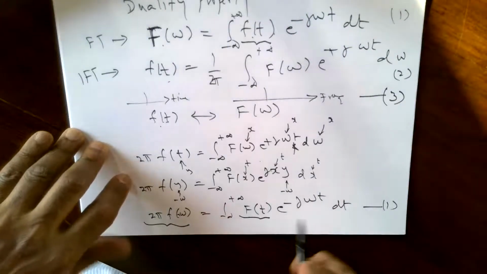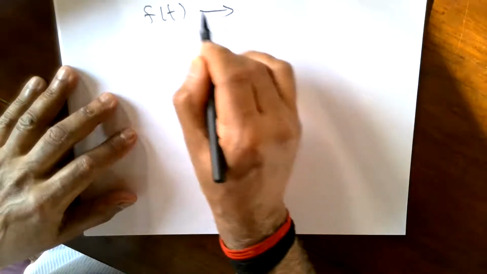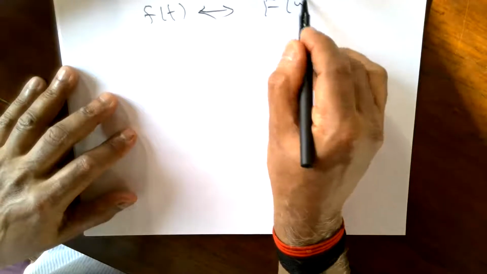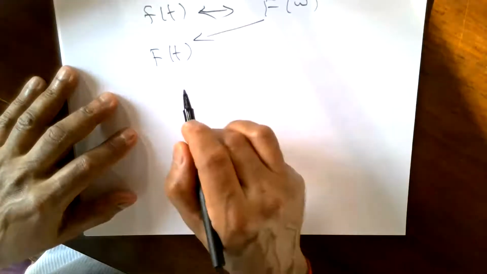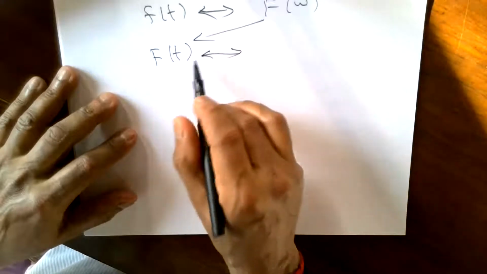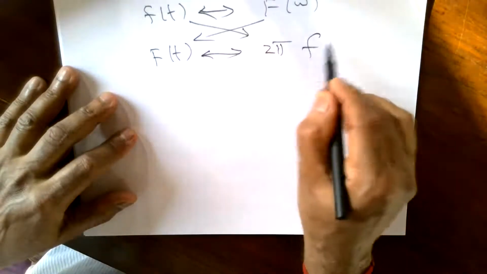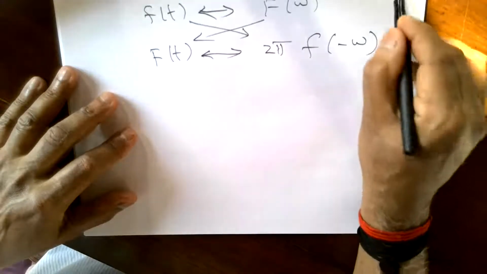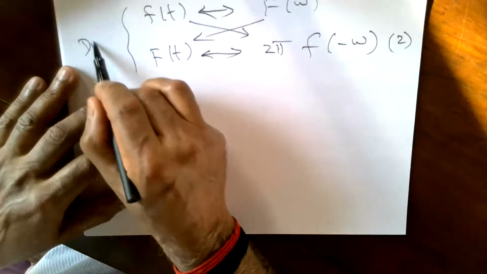What we just found is that if f(t) has a transform F omega, and if I bring this shape into the time domain, then its transform is related to it in this fashion. I'm going to call this the duality rule.